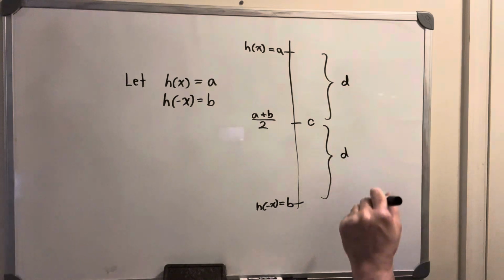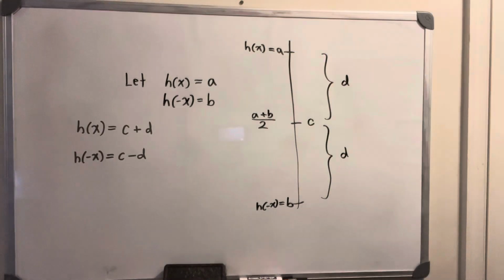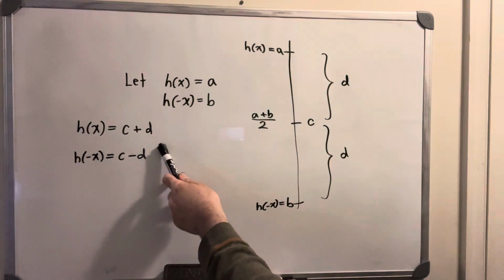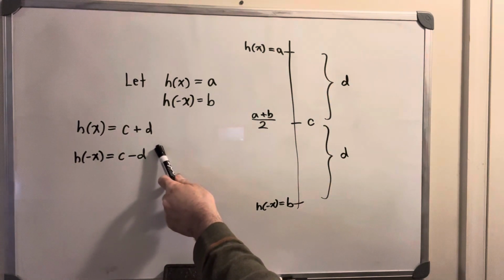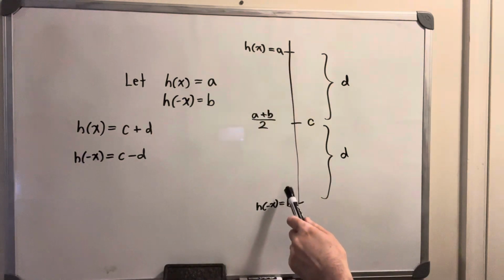So look at this and think about this. Think about the definitions of even and odd functions now before we move on. Maybe go back in your textbook or your notes. Okay, the next step is I've just written this right here, which is an algebraic form of saying what we have in this diagram.